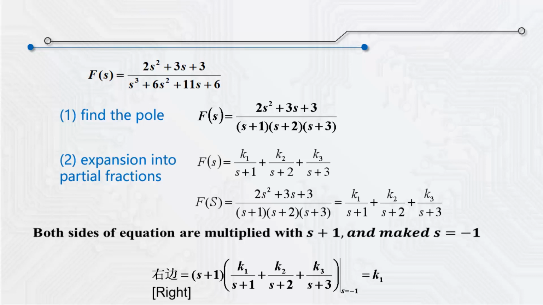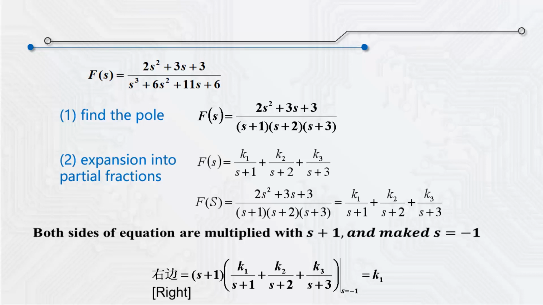At this time, F(s) is equal to (2s squared plus 3s plus 3) divided by (s plus 1) times (s plus 2) times (s plus 3). So you get three poles, and then expand it into a partial fraction form, that is k1 over (s plus 1) plus k2 over (s plus 2) plus k3 over (s plus 3).